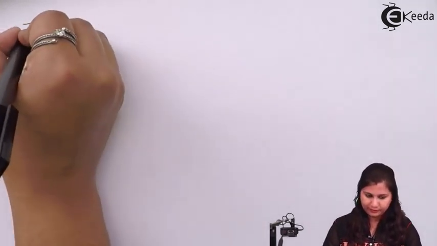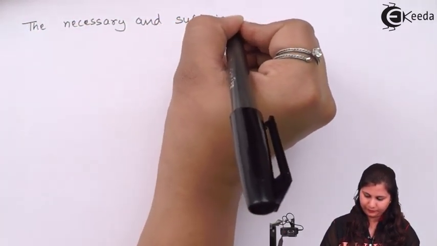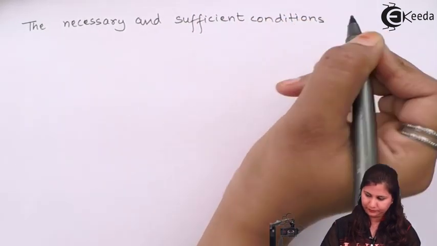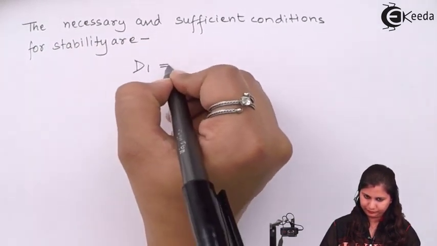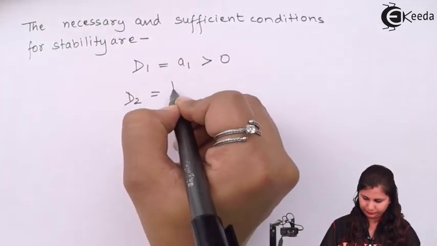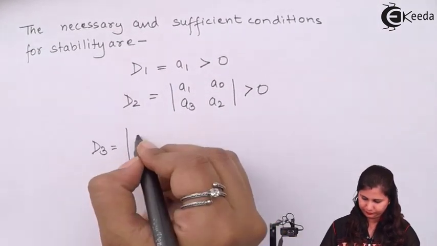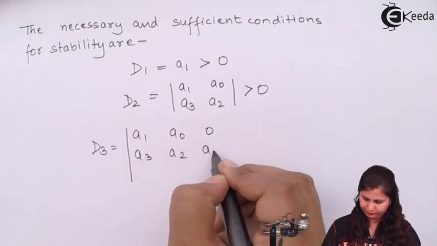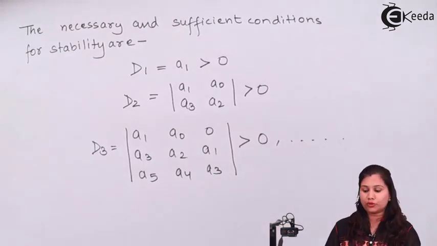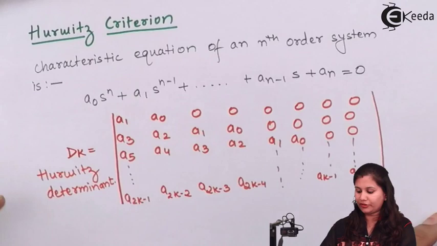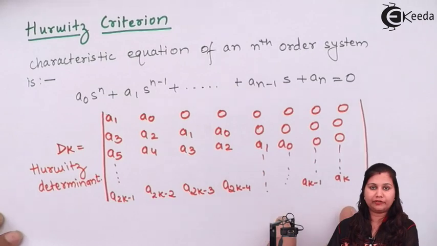So that was the generalized arrangement of the Hurwitz determinant, and with this we are going to take different determinants.